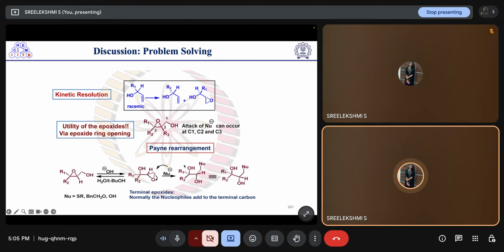So now we will see what is Payne rearrangement. So Payne rearrangement is the utility of epoxide via epoxide ring opening.